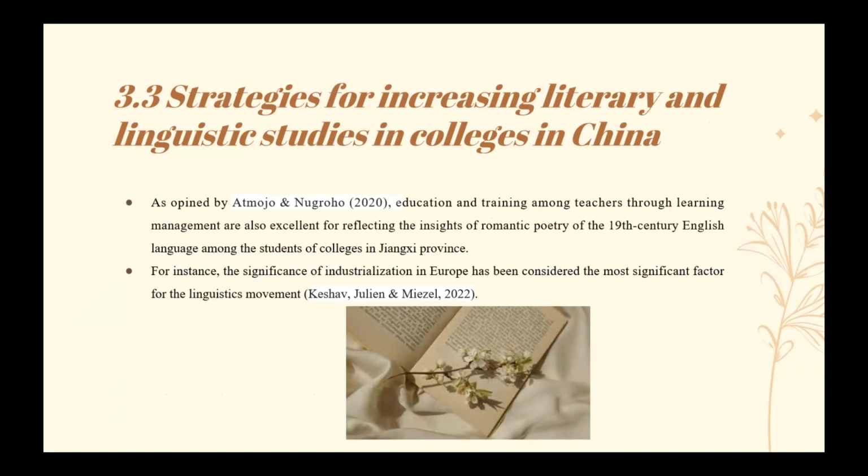Thus, there are some strategies for increasing the literature and linguistic studies in colleges in China. We can use education and training among teachers through learning management, which are also excellent for reflecting the insight of Romantic poetry of the 19th century English language among the students of colleges in Jiangxi province.